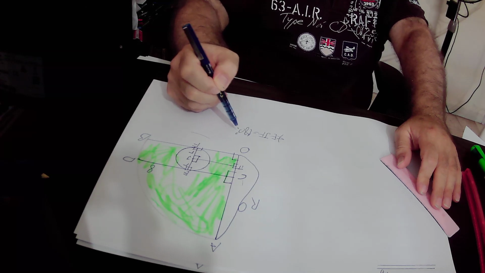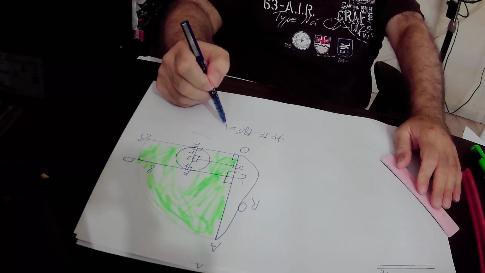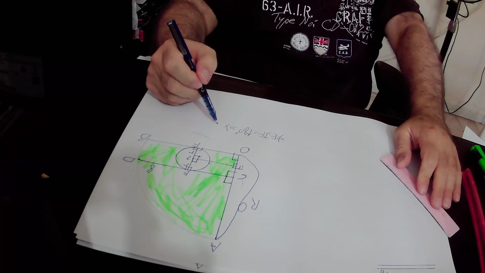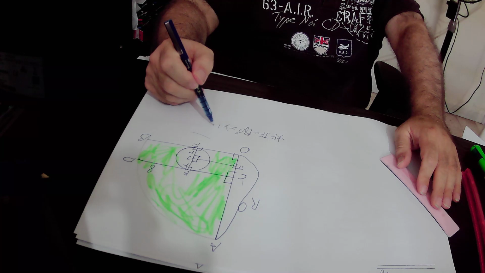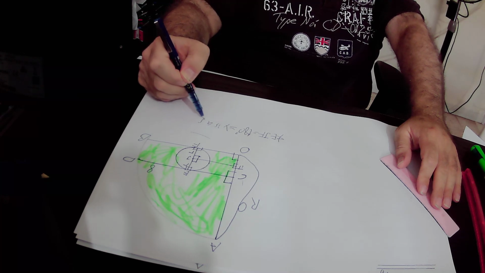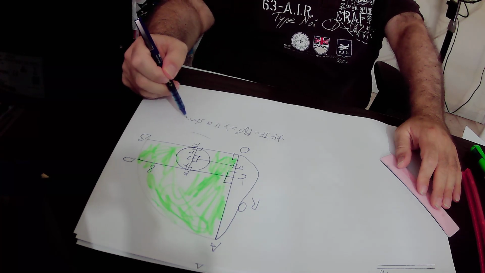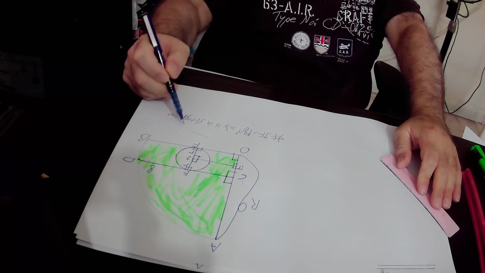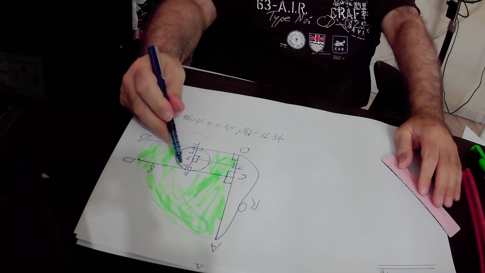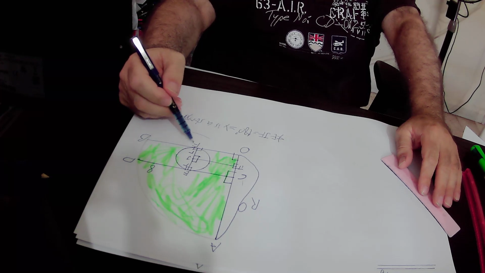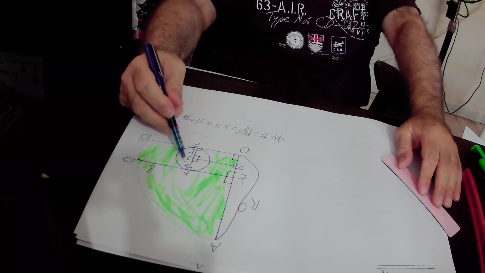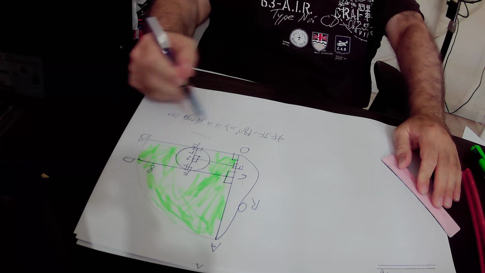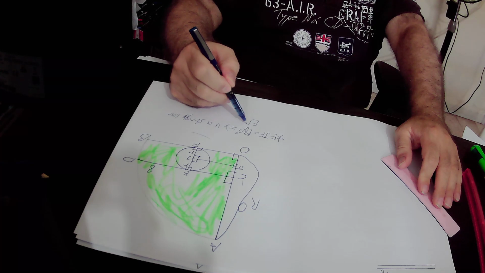And therefore, angle EJF is a straight line. So if angle EJF is a straight line, then line segment EJF is a straight line, and if line segment EJF is a straight line, it means that EF is also a straight line. Here EF is a straight line.